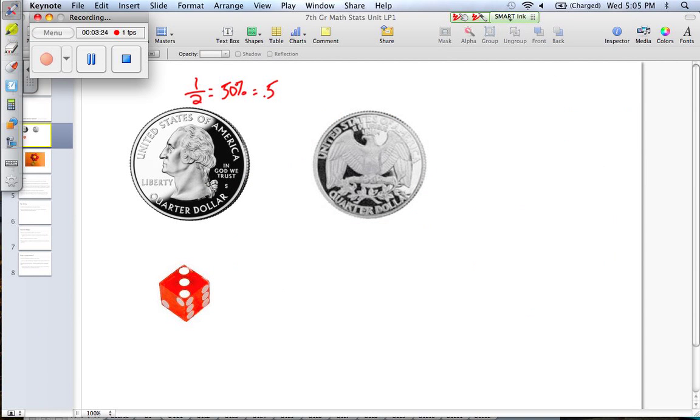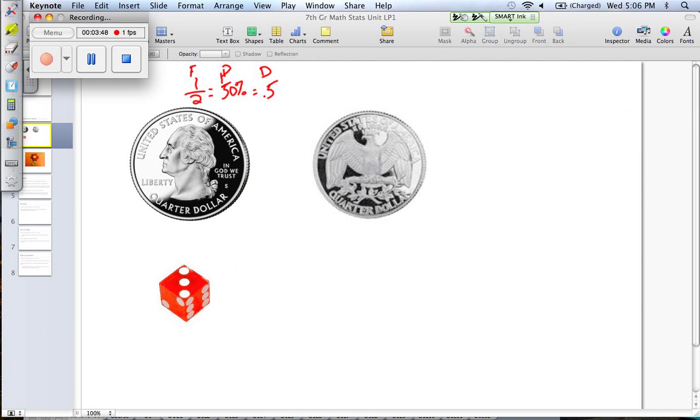Probabilities can be written as a fraction, a decimal, or a percent. Okay? Would you say that it's highly likely that I get heads? Very likely? Not at all likely? Or neither likely or unlikely? You would probably say it's right in between, right?